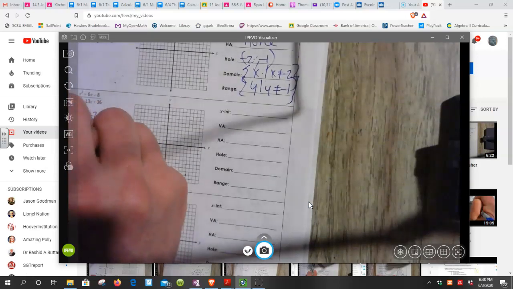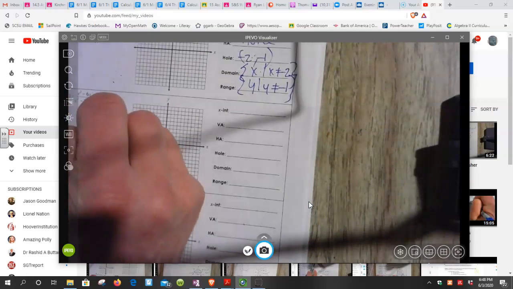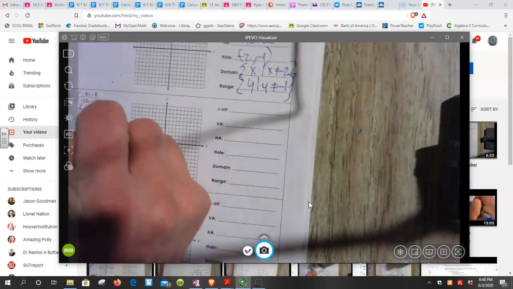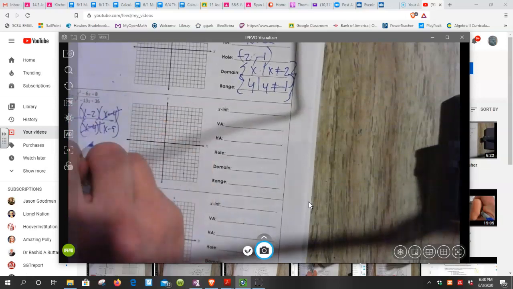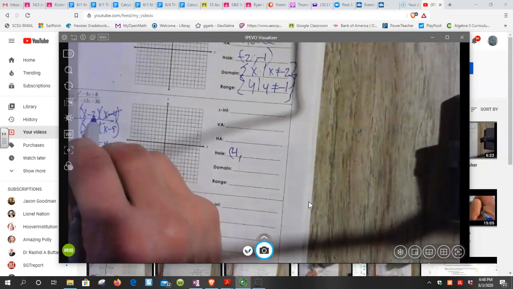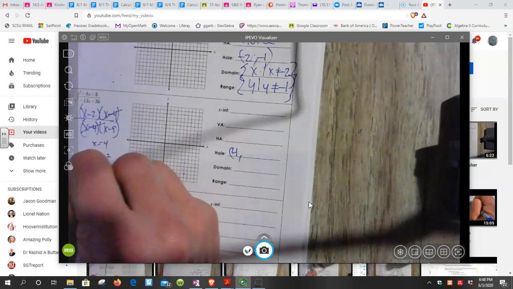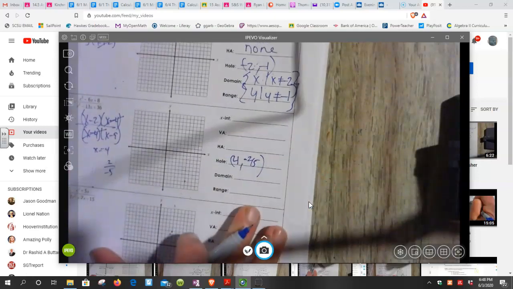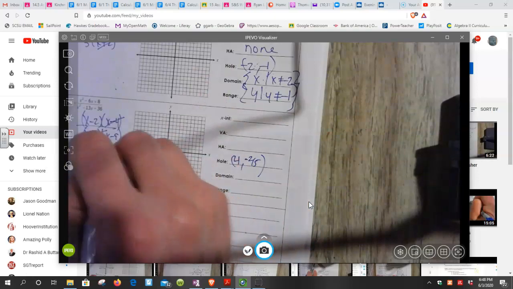So that means x equals 4 is going to be where the hole is. So it's going to be 4, comma. You put 4 back in here, and you're going to get 2 over -5. So it's going to be -2/5. X-intercept is going to be 2, 0.